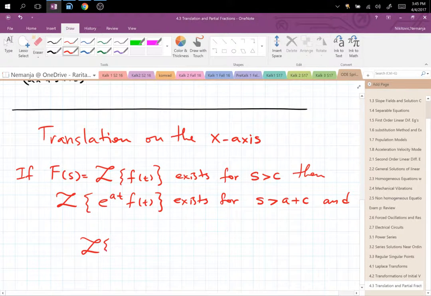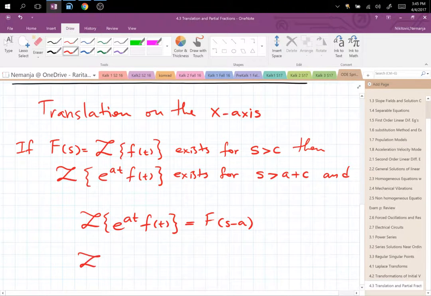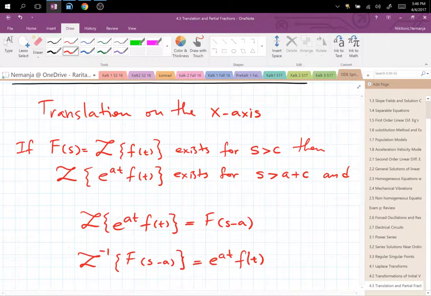The Laplace transform of e to the at times f of t is equal to F of s minus a, and the inverse Laplace of F of s minus a is equal to e to the at times f of t. What does this mean?